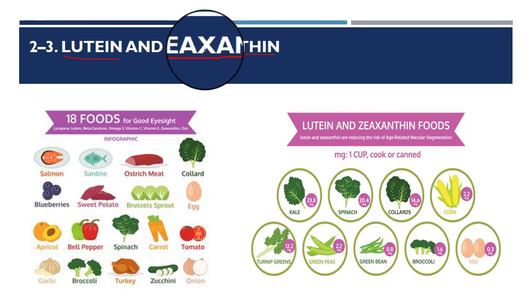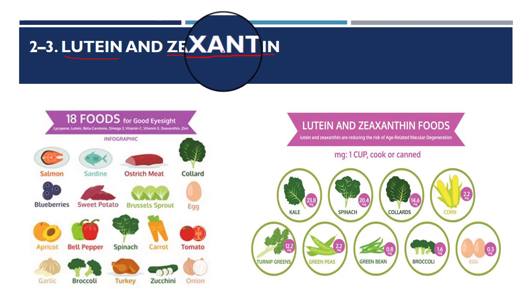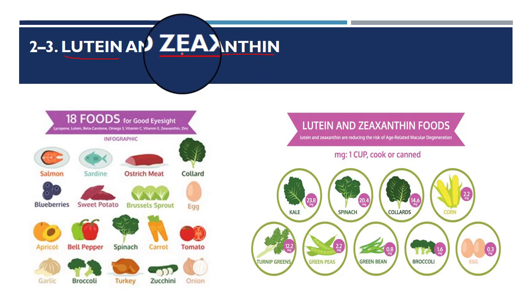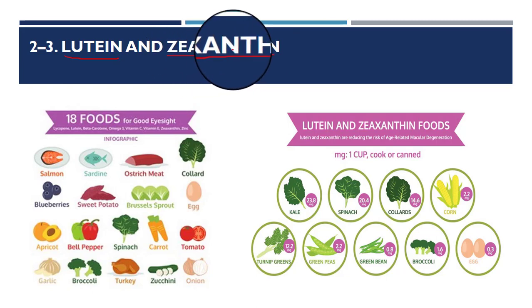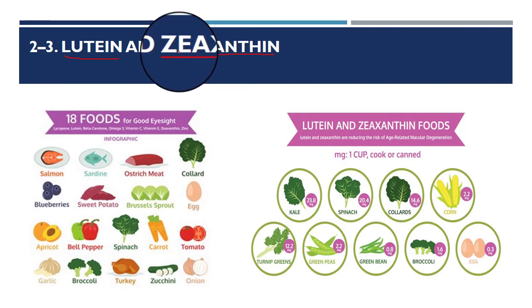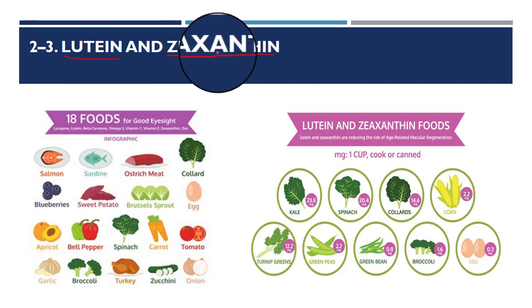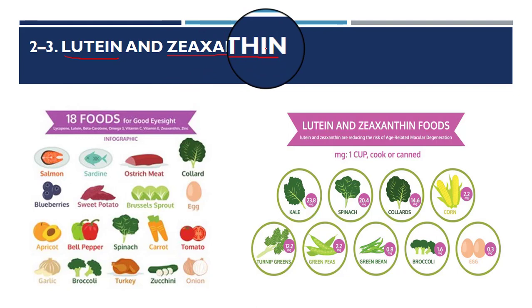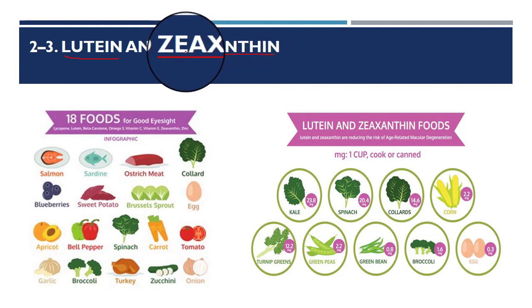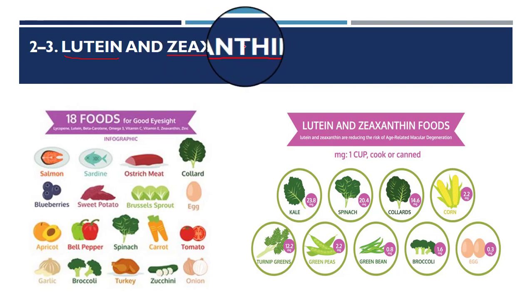And they are concentrated in the macula, which is a central part of your retina, a layer of light sensitive cells on the back wall of your eyeballs. Lutein and zeaxanthin function as a natural sunblock. They are thought to play a central role in protecting your eyes against harmful blue light.